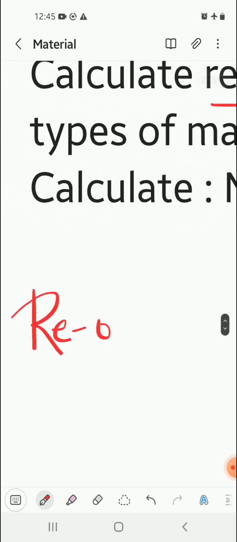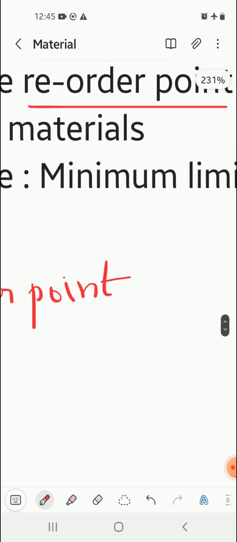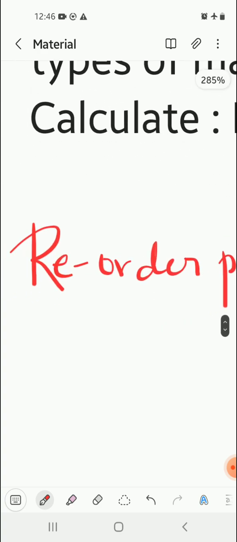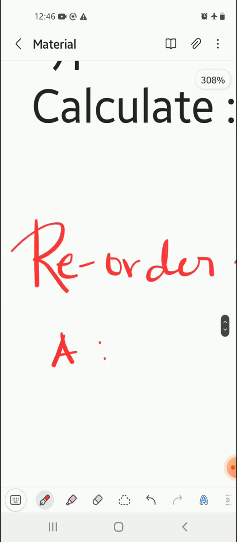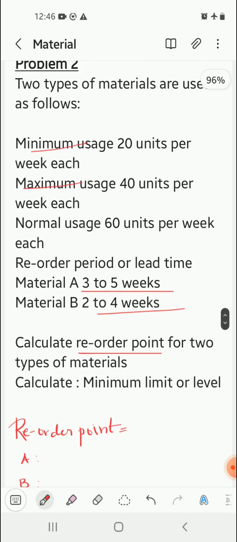For finding out the reorder point, you have to use the formula. There are two types of materials, A and B, so we have to find it separately. For A, as per the formula, we take the normal usage into consideration, which was 60 units per week, and over here we are taking weekly.